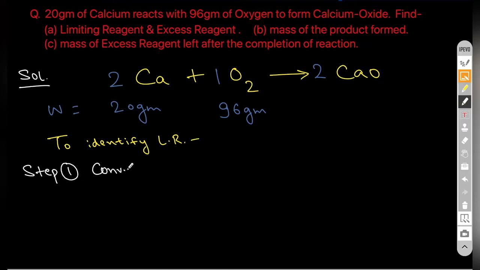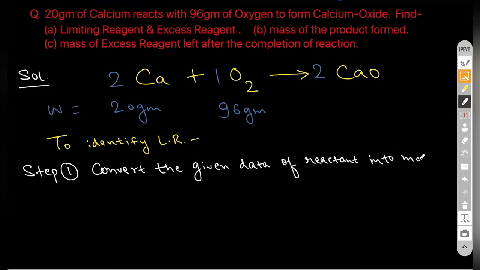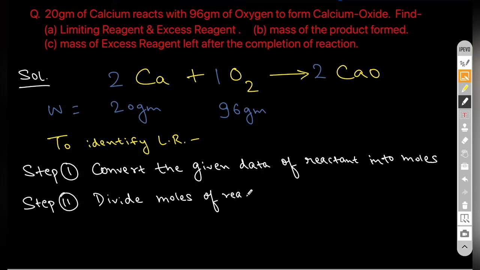To identify LR, step number 1, convert the given data of reactants into moles. This was the step 1 we discussed earlier. Step number 2, divide moles of reactants with their respective stoichiometric coefficient, SC.